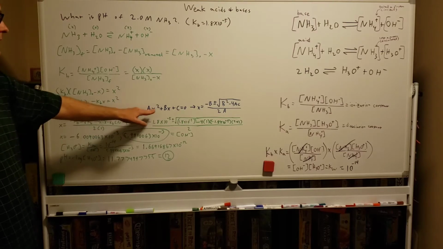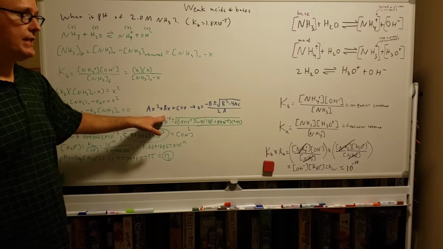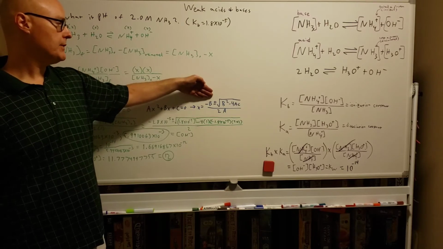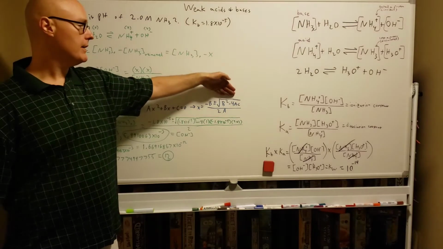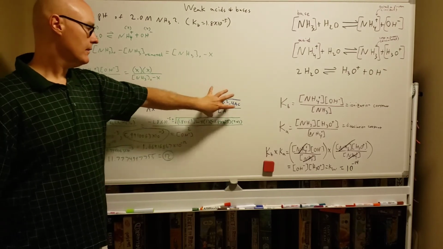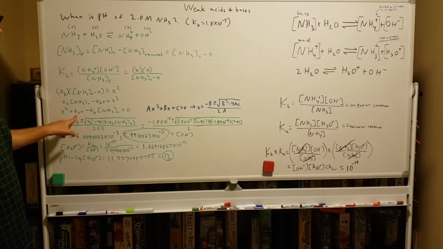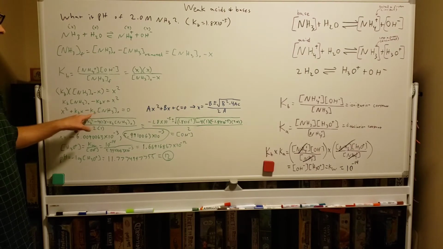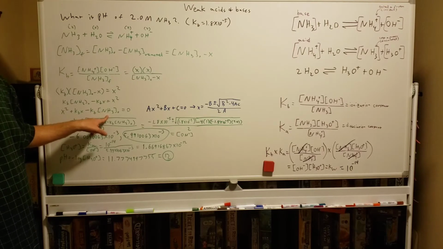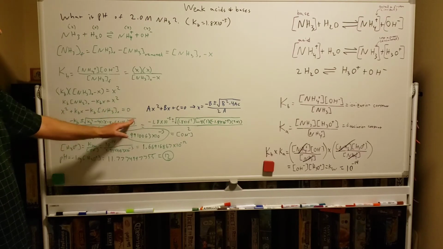This is an ax squared plus bx plus c equals 0 equation, which has the roots, using the quadratic equation, of x equal to negative b plus or minus the square root of b squared minus 4ac all over 2a. Plugging in the variables, a is 1, b is the ionization constant, c is negative ionization constant multiplied by the initial concentration of ammonia. That gives me this expression here.